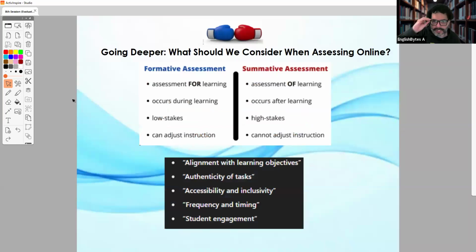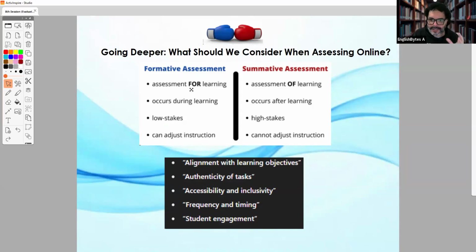So, going deeper, what should we consider when assessing online? You know there is formative evaluation and summative evaluation, and of course there is formative assessment, summative assessment. Now, what happens with the formative assessment is for learning. You are not evaluating your students.